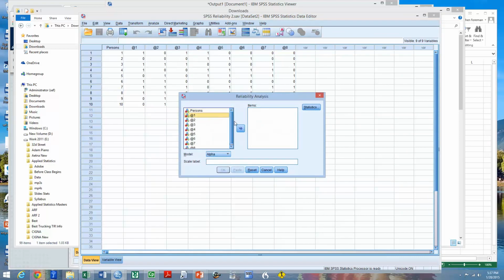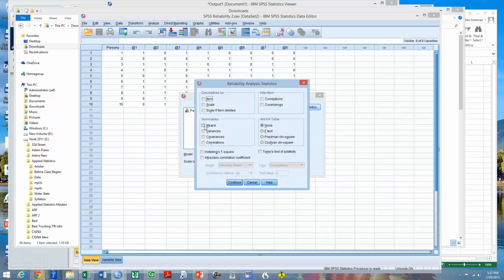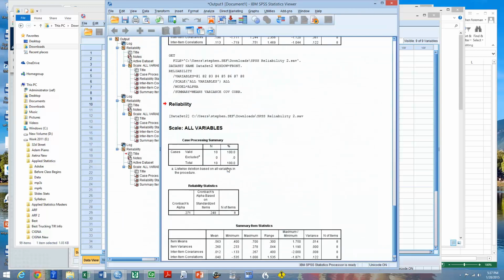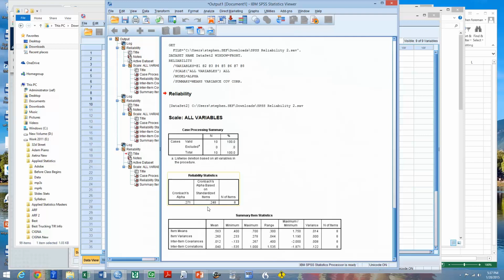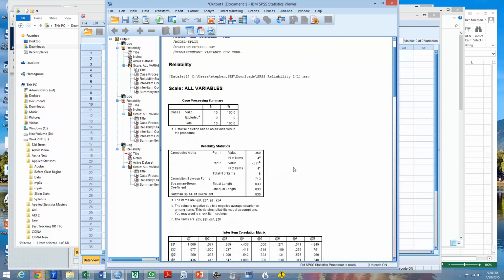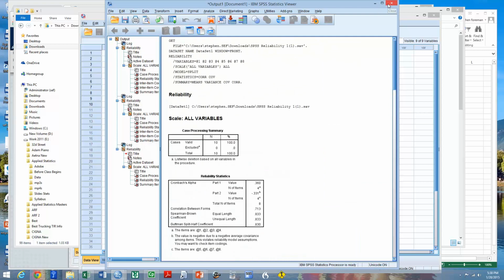We'll put our items in, and SPSS will just automatically do a Kuder Richardson when we're looking for alpha. And so here we are. Cronbach's alpha for these, which is Kuder Richardson alpha, is 0.271, and that's pretty low. So basically the reliability of our right-wrong multiple choice test is not very high.